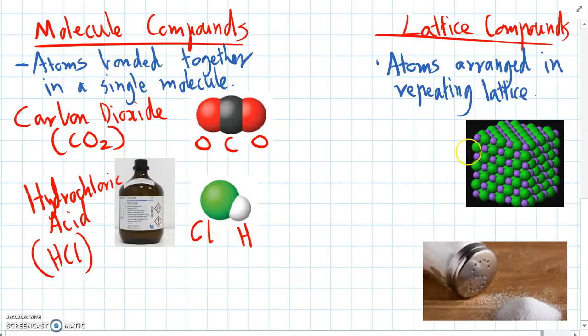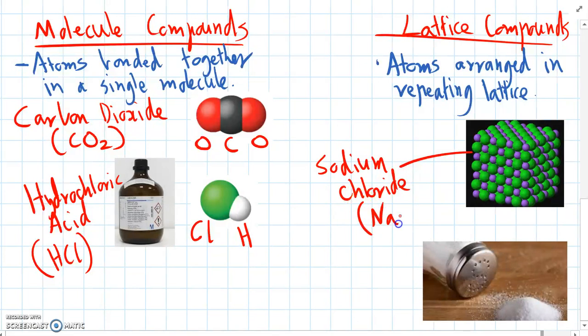And this is a really common compound. This one's called sodium chloride, which has the symbols NaCl, because it's made of sodium, Na, and chlorine, which is Cl. And we actually eat sodium chloride every day. It's just normal salt.